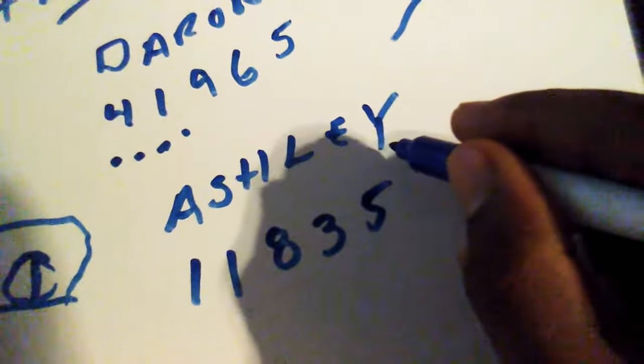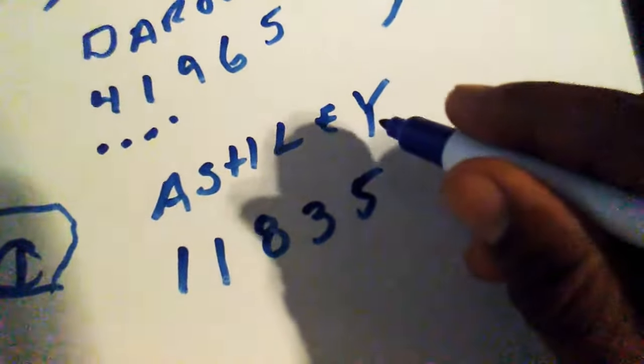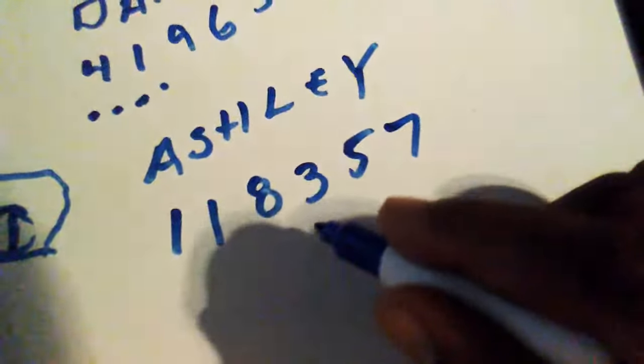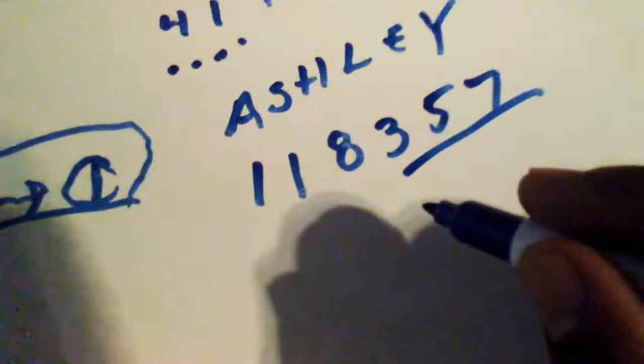And then Y is 25, 2 plus 5 is 7. So what does that equal?